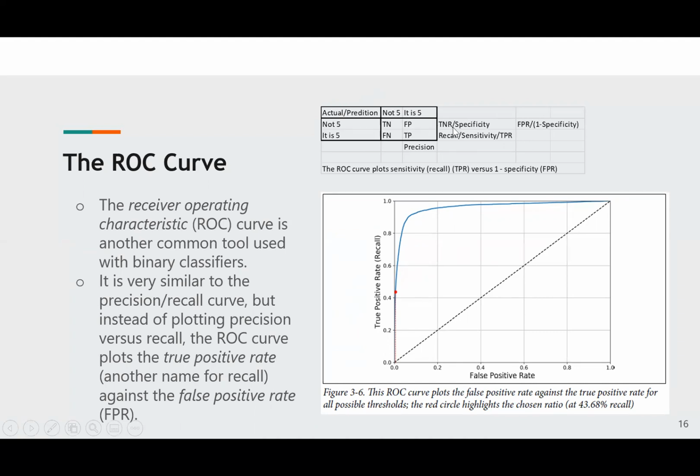True negative rate is also called specificity. As a result, 1 minus the true negative rate would be the false positive rate, which would be FP divided by FP plus TN. It's also called 1 minus specificity. Here this slash really stands for "or", not division. It's just different names.